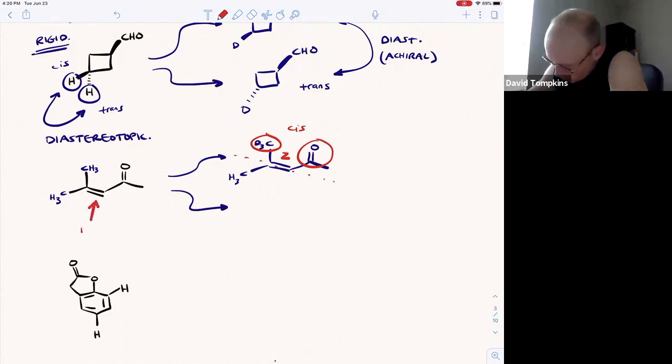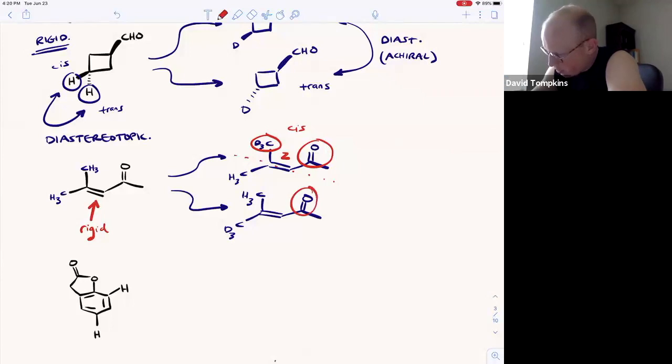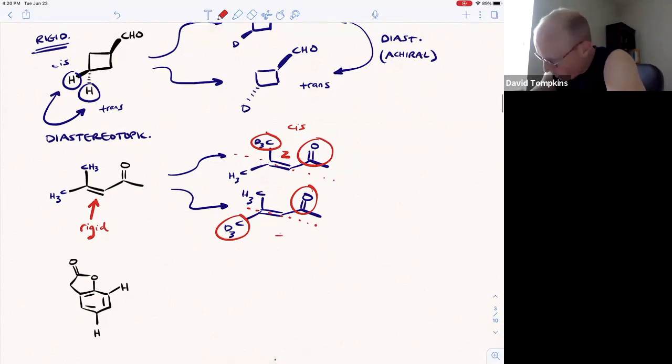Remember that pi bond is rigid and cannot rotate. Replacement of the opposite methyl group produces a different stereoisomer, where now the high priority ketone and high priority CD3 are across the alkene or trans to one another, which means that is an E olefin.